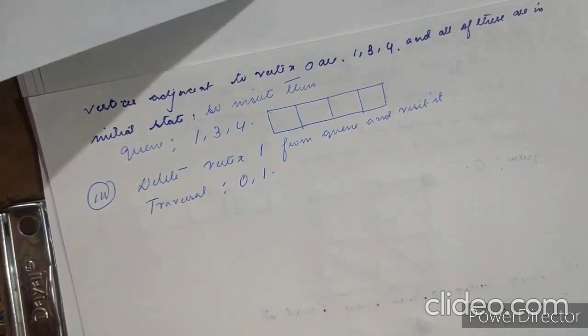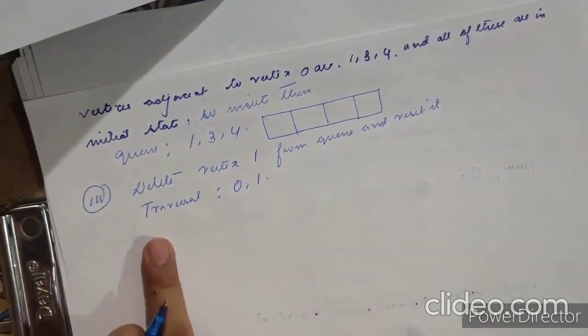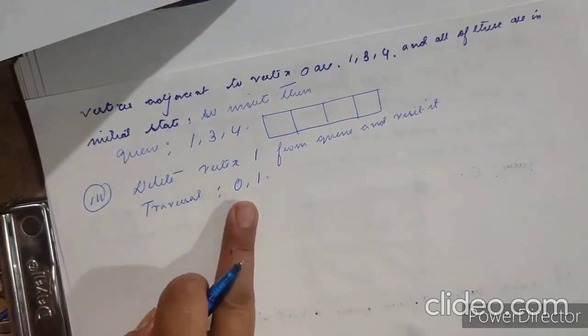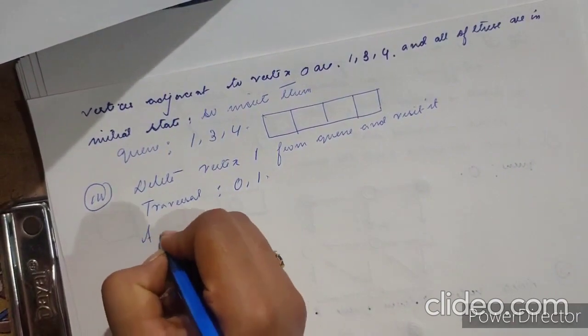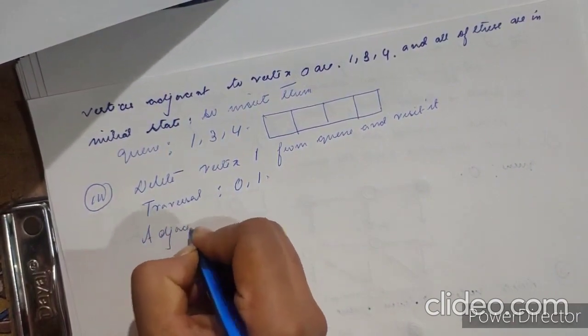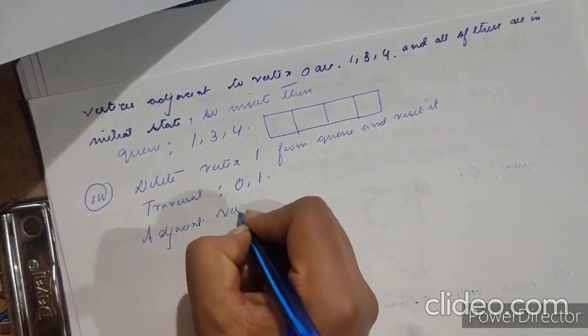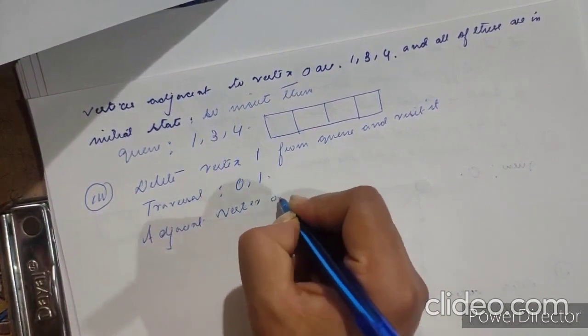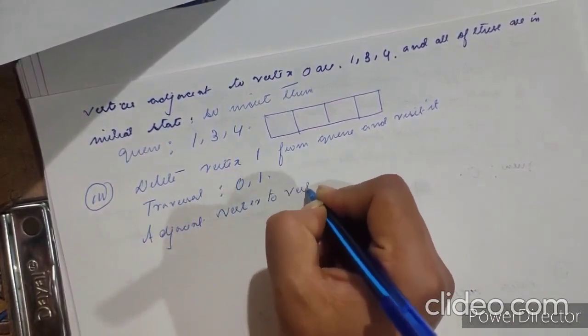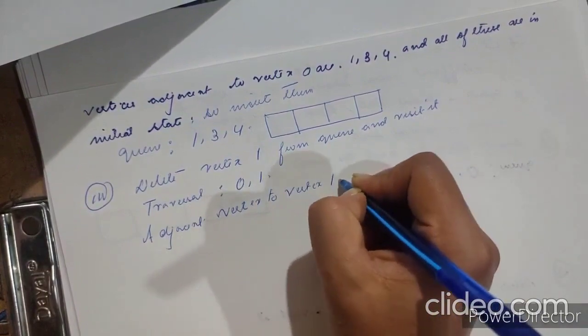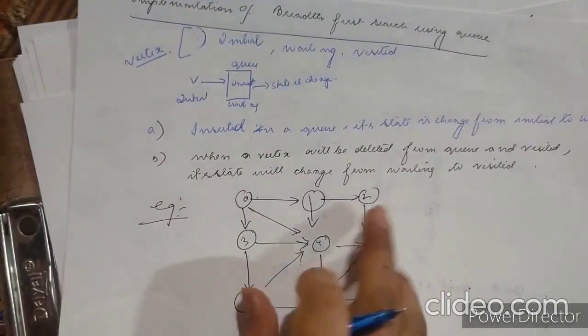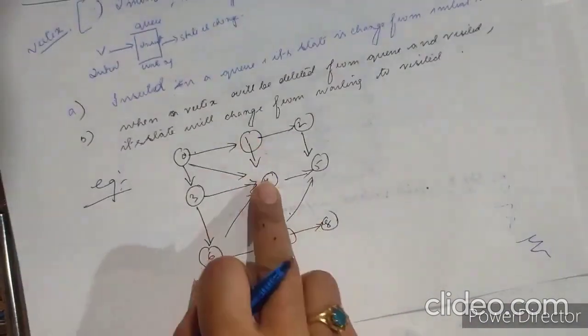Now, the vertices adjacent to vertex 1 are 2 and 4.